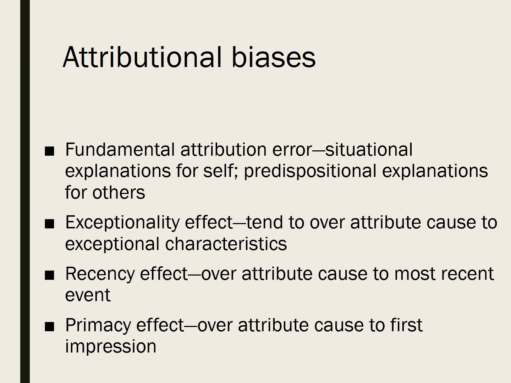The fundamental attribution error is where we make situational explanations for why we did things, whereas we make predispositional explanations for others. So the reason why I did something is because under the circumstances, this was the right thing to do.